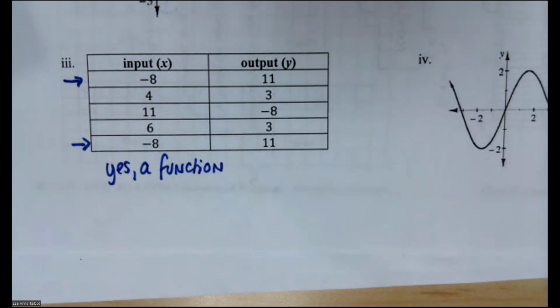Because they're the same output, it's okay. It's functioning properly. If 11 was something different on the other one, something other than 11, it would not be a function. But because it's 11, it's functioning properly. Correct. The whole table can be 11 on the output and it would be fine.